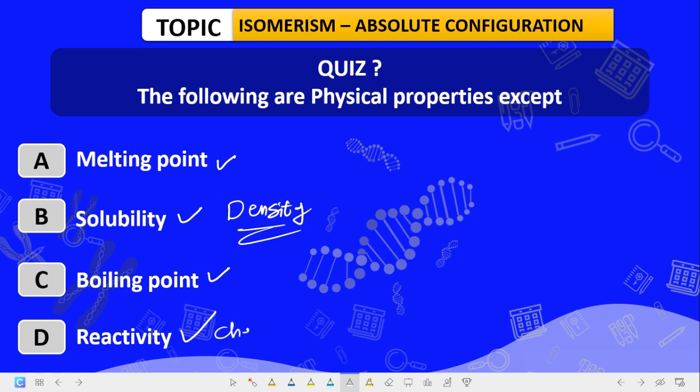Chemical properties. The reactivities are chemical, while physical properties are melting point, solubility, boiling point, density, refractive index, etc. Because you are looking for the one that is not a physical property, that makes option D the correct answer.